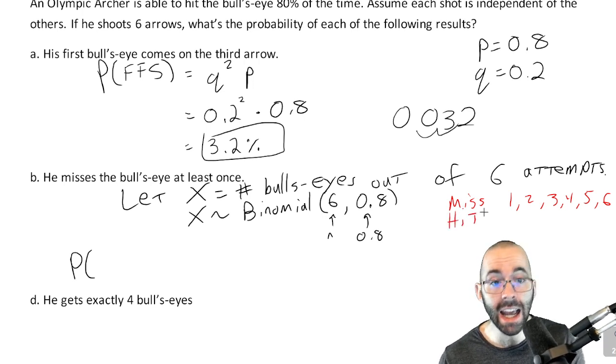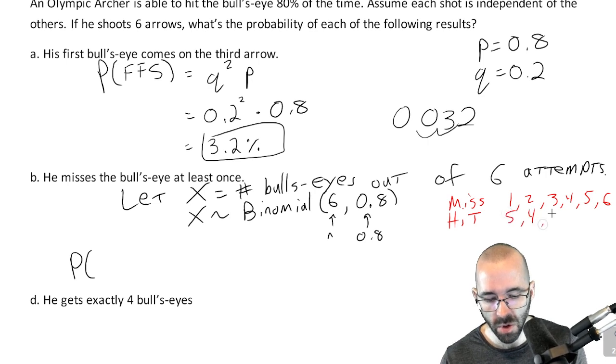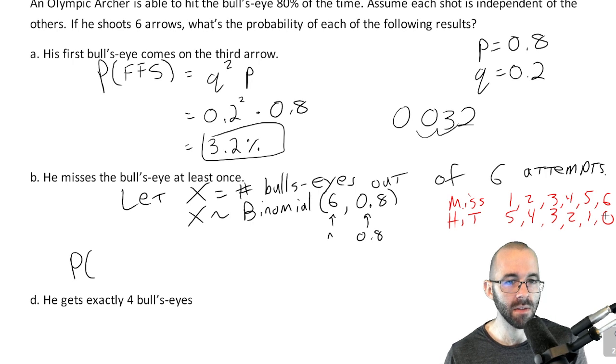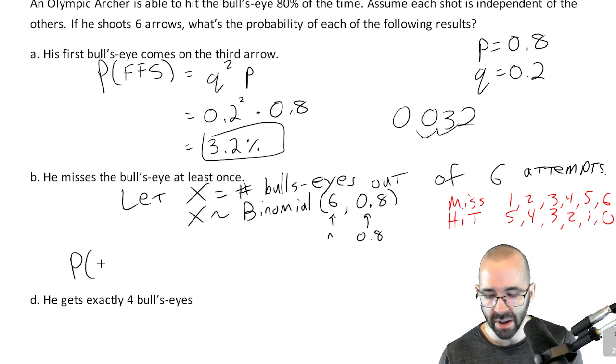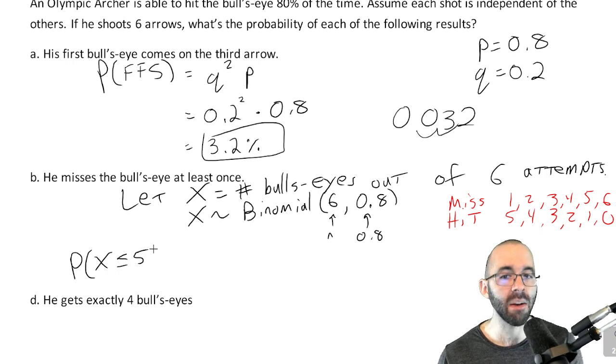Well, that means we hit 5, 4, 3, 2, 1, or 0 times, right? Missing once is hitting 5 times. And X is the number we're hitting. Okay? So this is going to be the probability that we hit 5 or fewer, hitting at most 5.